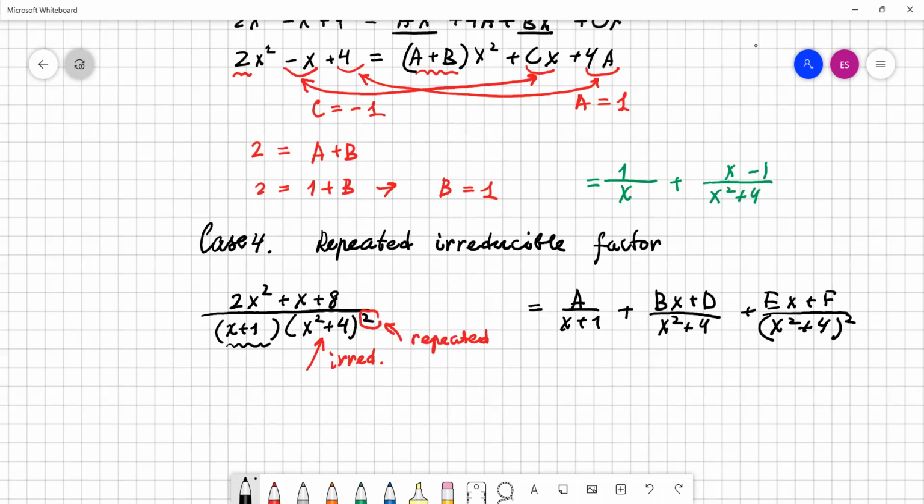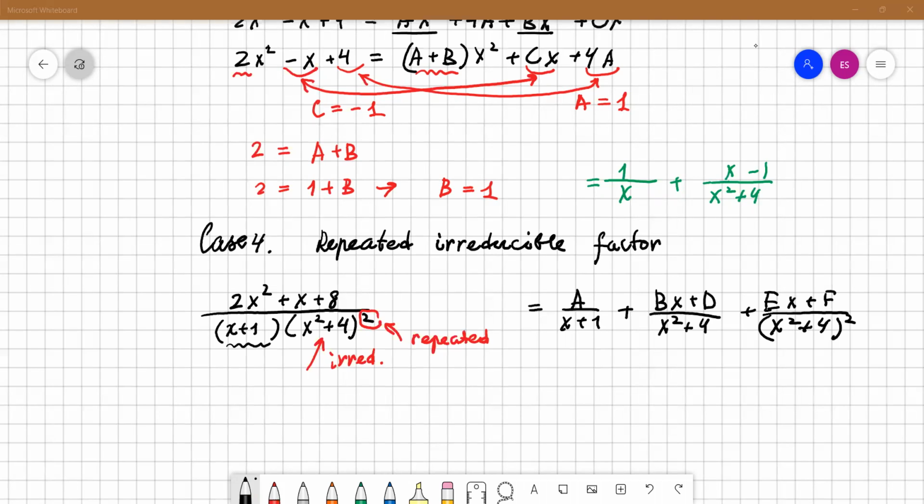Because of this, we are going to have Bx plus D. And because it's repeated, we are going to have the second fraction. And you see, it's already 5 letters. Very long solution to do, actually. Well, I suggest you do at home at least 3-4 problems of finding these letters. If you can do all, of course.